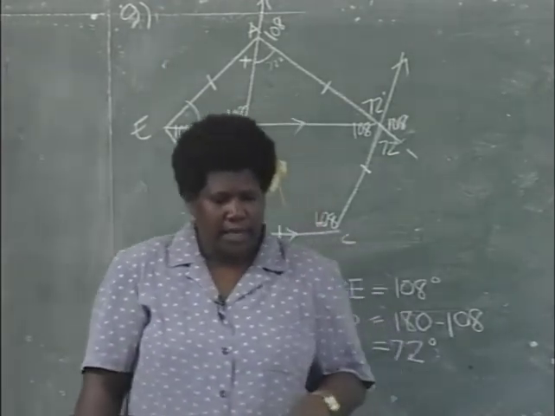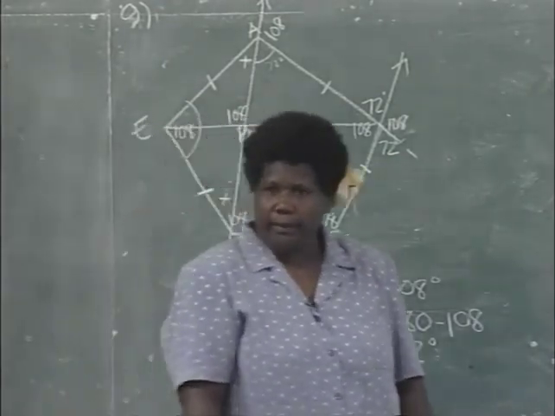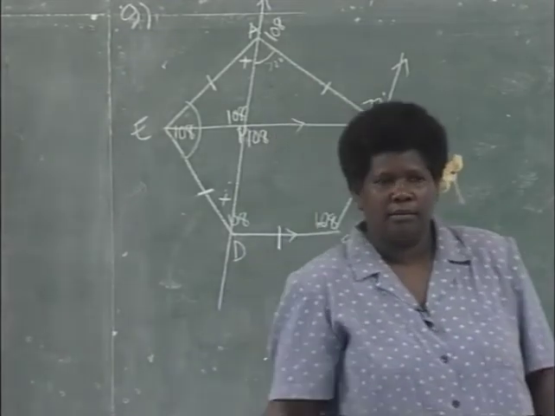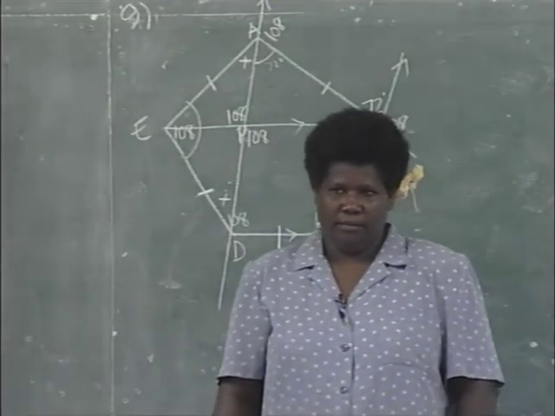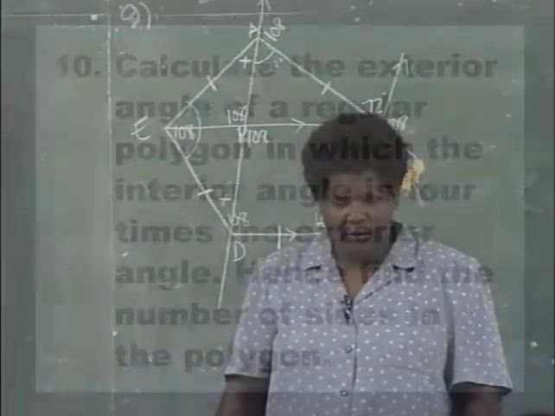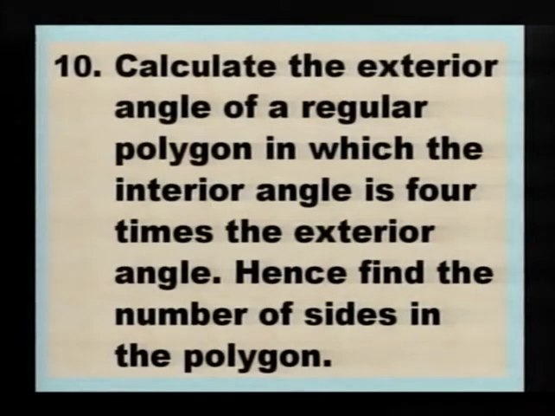All right, number 10. Anyone for number 10? No one. Calculate the exterior angle of a regular polygon in which the interior angle is 4 times the exterior angle. It's just like the question that Chutaili did. But this one, the interior angle is 4 times the exterior one.